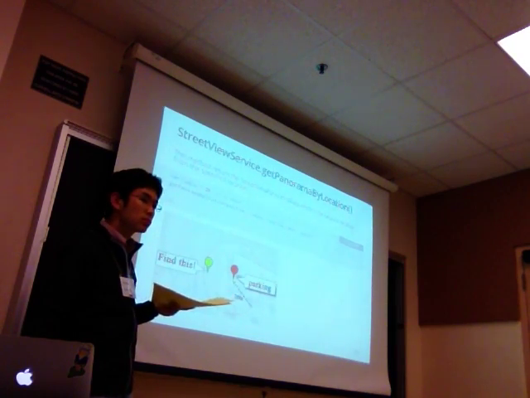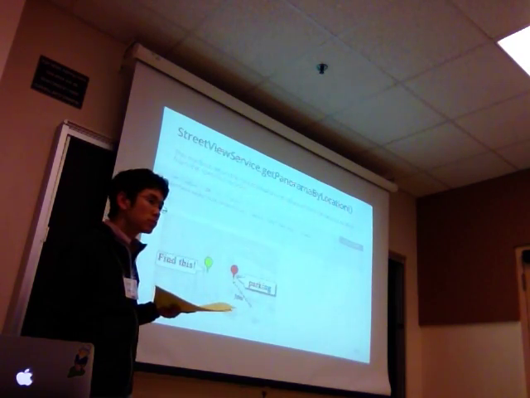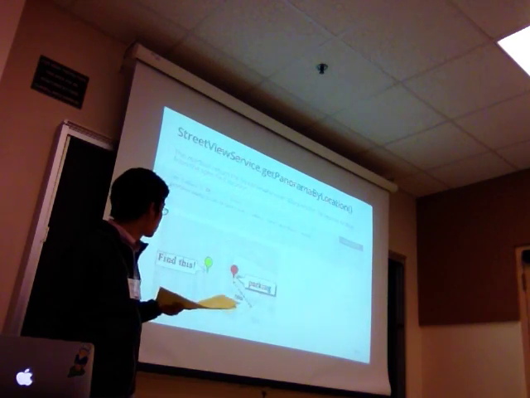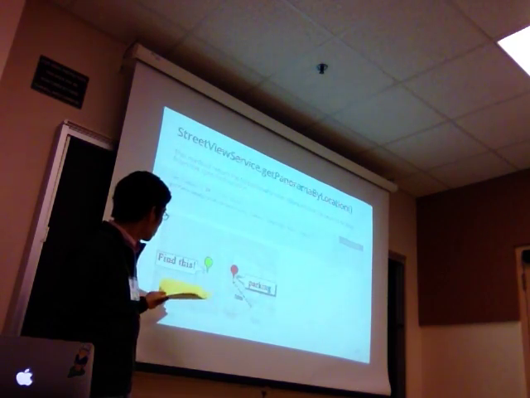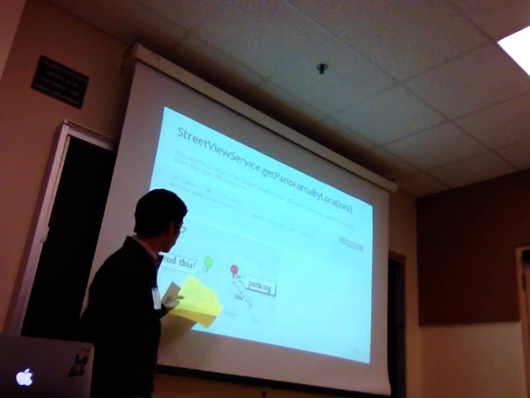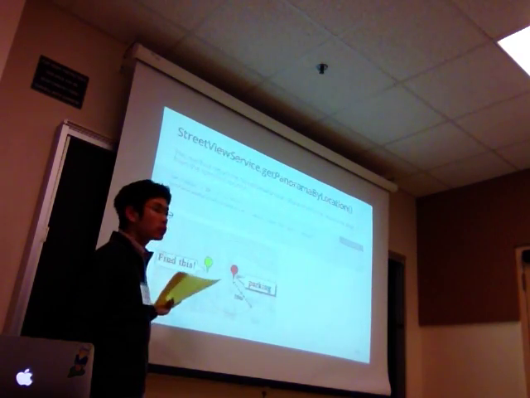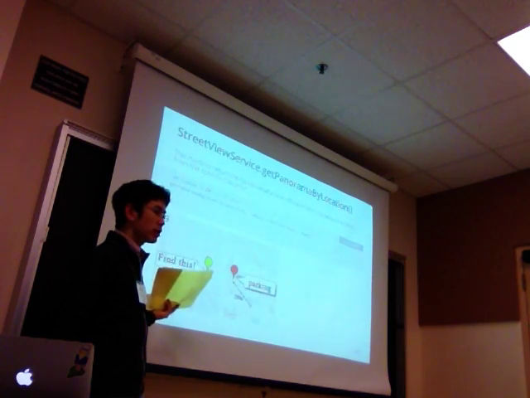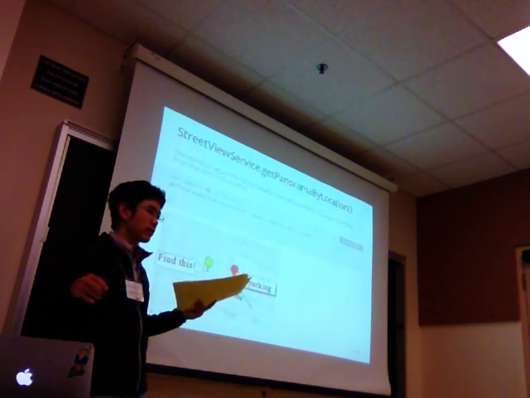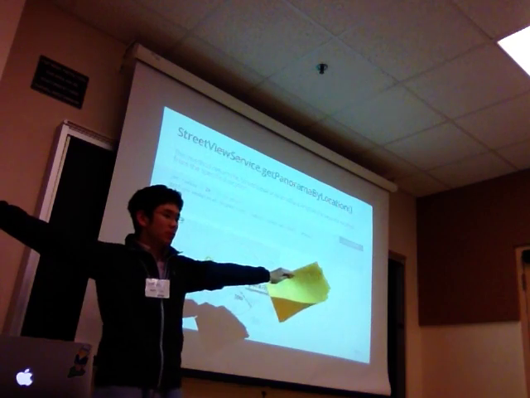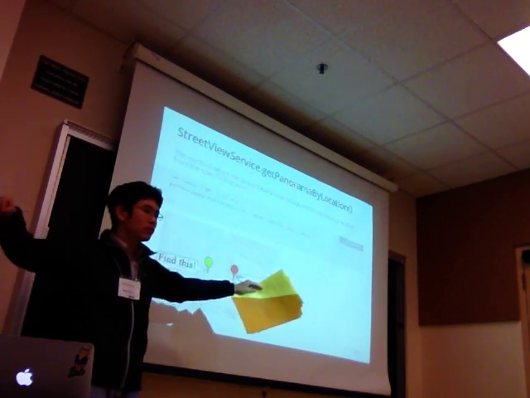So what would be the problem with, instead of 20, maybe 100? Because in the country, sometimes Google takes panoramas a long distance apart.